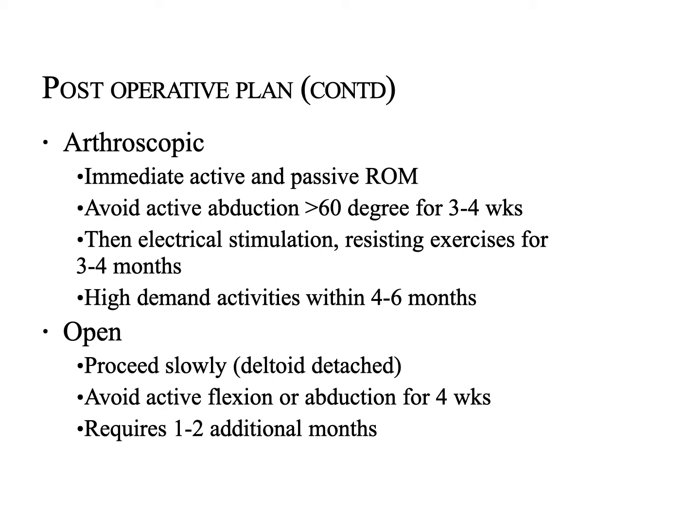Then electrical stimulation and resisting exercises for 3 to 4 months, and high demand activities within 4 to 6 months. In open surgery, we have to proceed slowly, and active flexion or abduction is avoided for 4 weeks; it requires 1 to 2 additional months compared to arthroscopic operations.